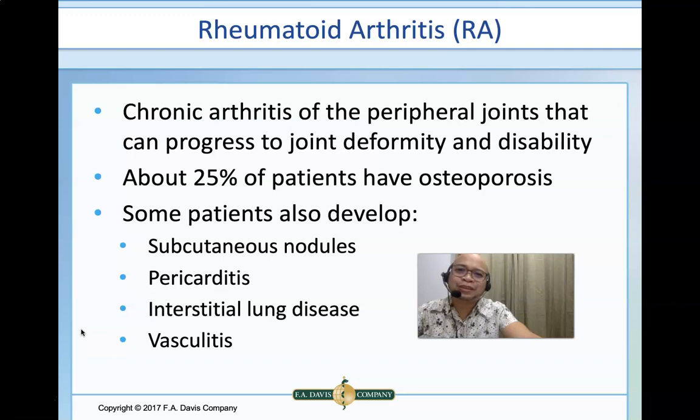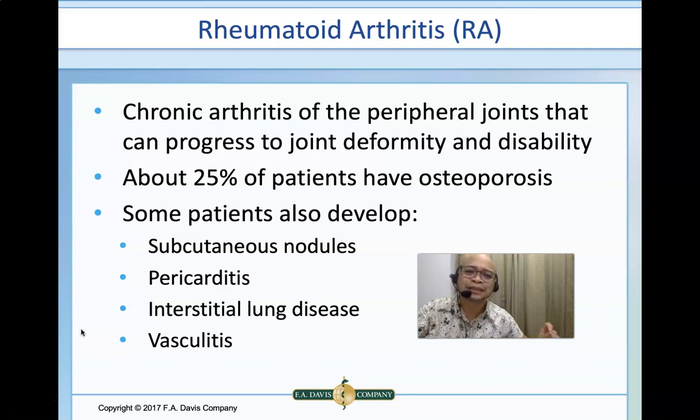An example of an autoimmune disease that mostly affects females is rheumatoid arthritis. Rheumatoid arthritis is defined as a chronic arthritis of the peripheral joints, and it will progress to joint deformity, and in some severe cases, it may also result in disability.